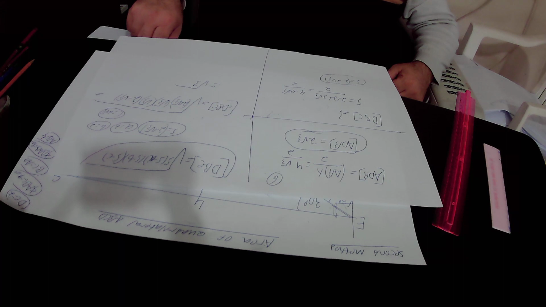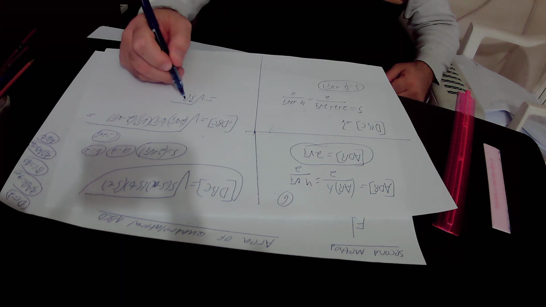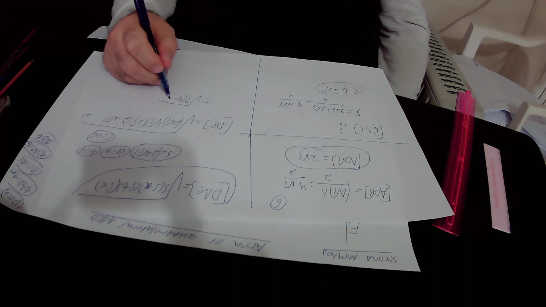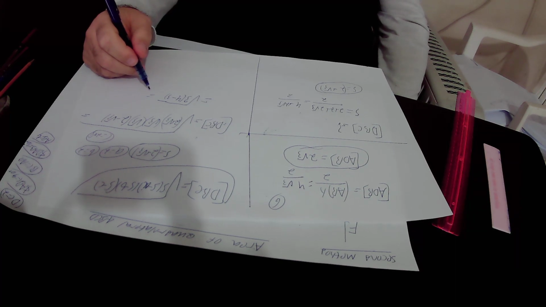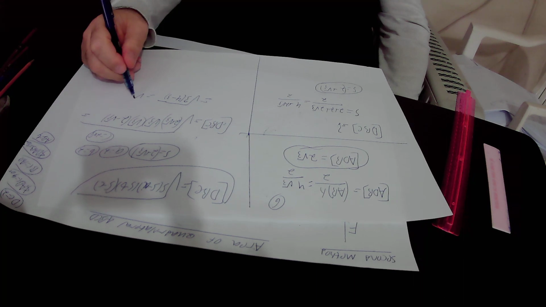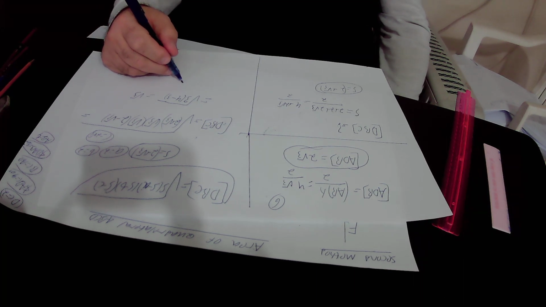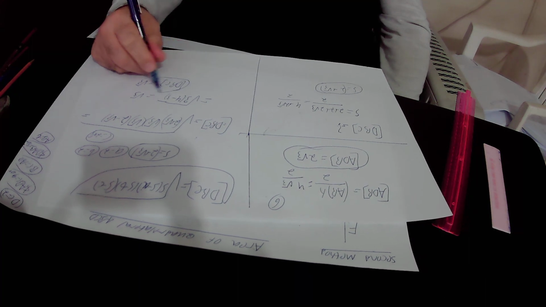Here A is 2, so A squared is 4, minus B squared. B is square root of 3, so square root of 3 squared is 3. 4 minus 3 is 1. 1 times 3 is 3. So we found out that the area of triangle DBC equals square root of 3 square units.